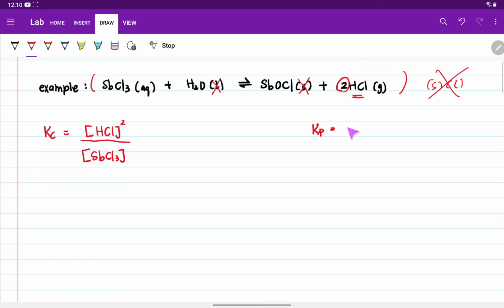So, awak akan tulislah, partial pressure of HCl to the power of 2. Okay, kemudian reactant. Ada tak reactant gas? Tak ada. So, bila tak ada, tak perlulah tulis reactant dekat sini. Okay, tinggalkan sebagai produk sahaja. So, this is an example equation dan juga cara penulisan Kc dan Kp.